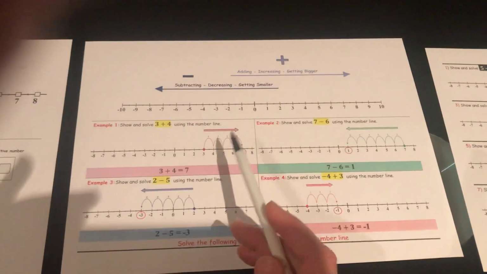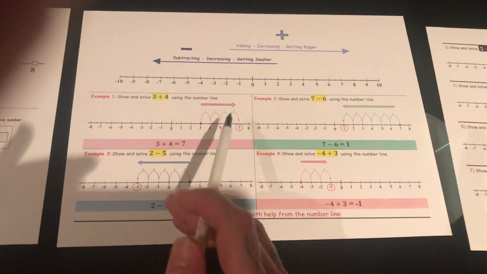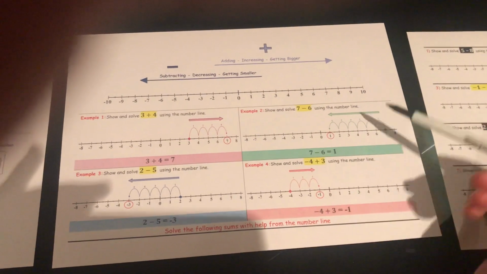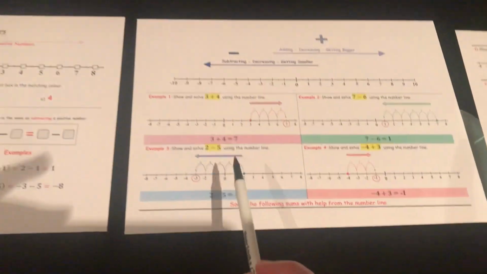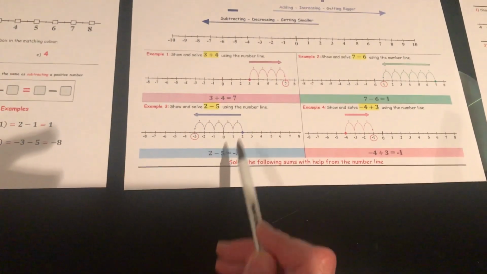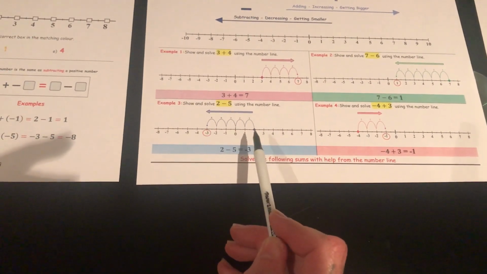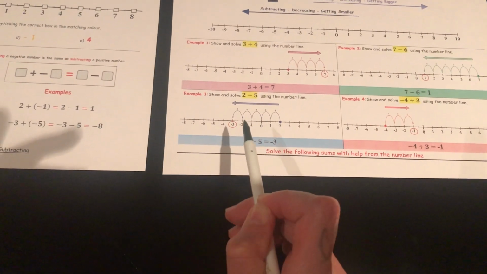Okay, and here's some examples here. So 3 plus 4, adding, you know how to do that. 7 take 6, subtracting, so you start at 7, subtract 6, you know how to do that. Okay, where am I up to? Oh, 2 take 5, so you start at 2, take, so 1, 2, 3, 4, 5 is -3.